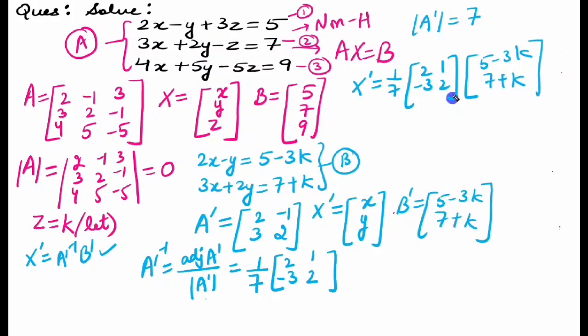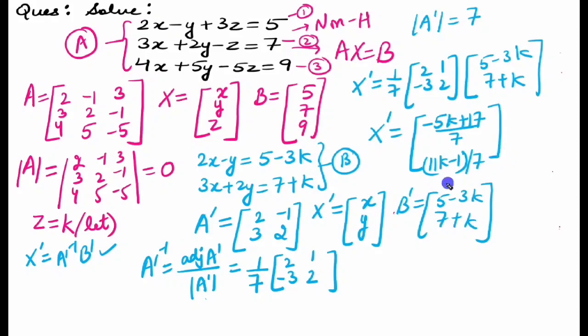तो यहाँ पर इन दोनों matrices को हमें multiply करना है, and after multiplication of these matrices we are getting X dash as a 2 cross 2 matrix, and this would look like 5k plus 17. It is basically a column matrix, minus 5k plus 17 divided by 7, and the next entry would be 11k minus divided by 7. तो इस तरह से हमारे पास X dash matrix आ गई, and X dash matrix was equal to xy.